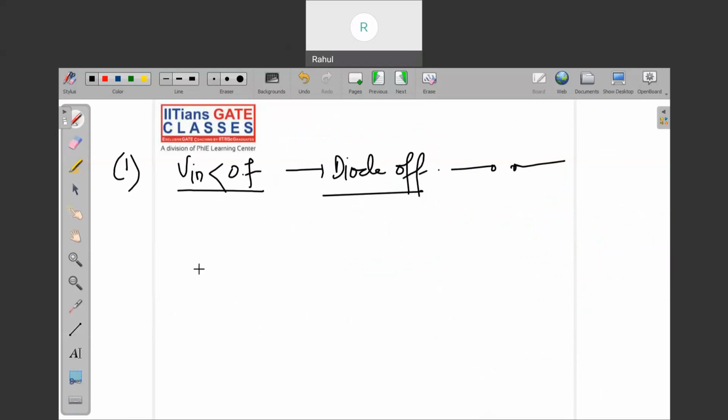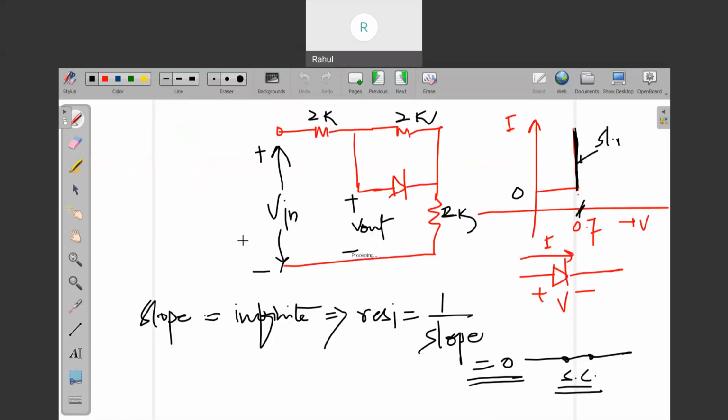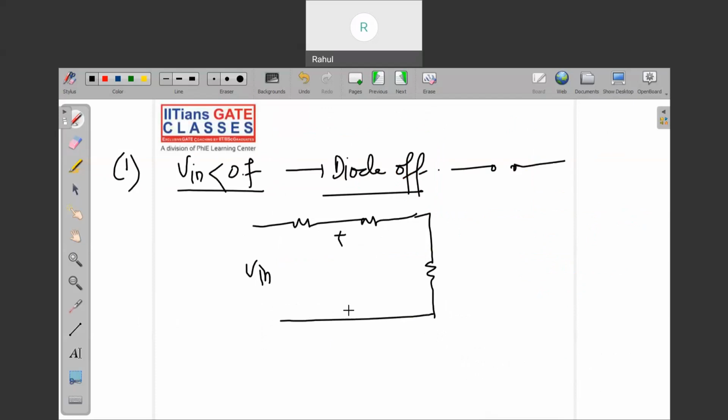Now you can draw the circuit here. This kind of circuit you will get. This is V in, with plus minus, and you have to compute the voltage here, that is V out, and this is 2k, 2k, and 2k.